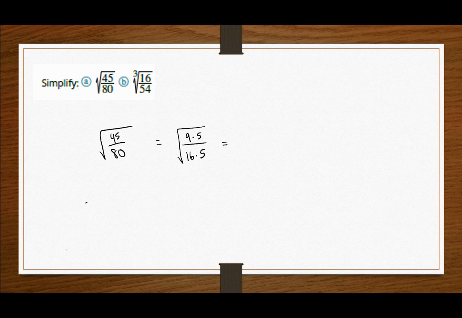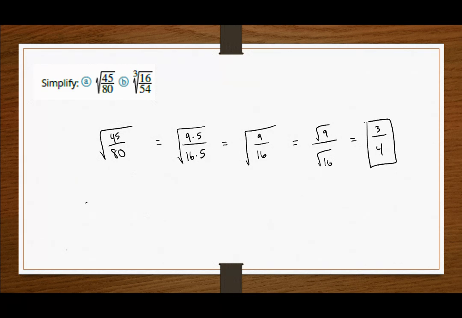By reducing the fraction before I apply this quotient rule, I make for much quicker work of the problem. So reducing this to its following form, 9/16, now we can apply the quotient rule and finish the problem using the definition of the radical. We end up here with a solution of 3/4.